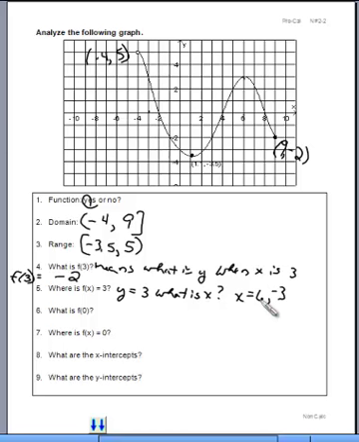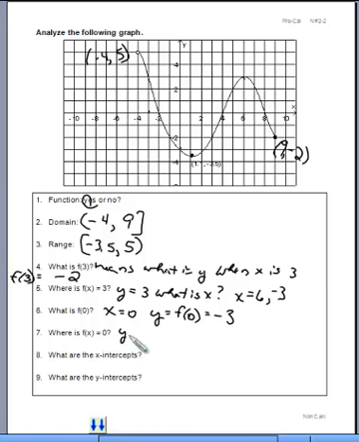So let's see, what is f of 0? So again, that's telling me that x equals 0. What is y? So when x is 0, you go down here, looks like y is -3, or f of 0 is -3. Okay? Where is f of x equals 0? So where is y equals 0?